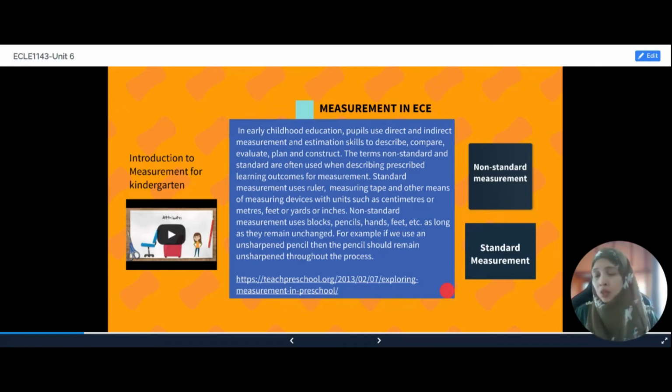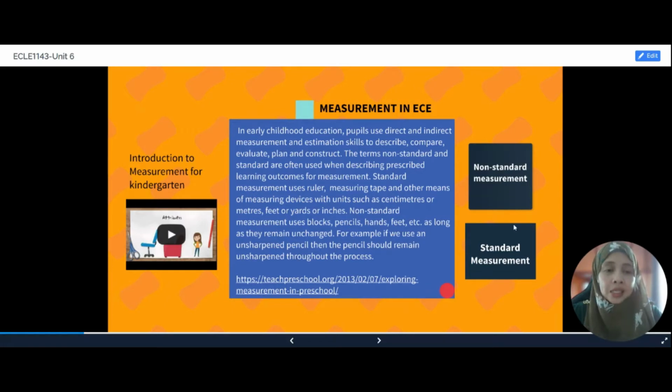For example, you can use pencils to measure the table. You can use a book to measure the table as well. So, apa saja, even the hand or feet. For example, if you use an unsharpened pencil, the pencil should remain unsharp throughout the process.